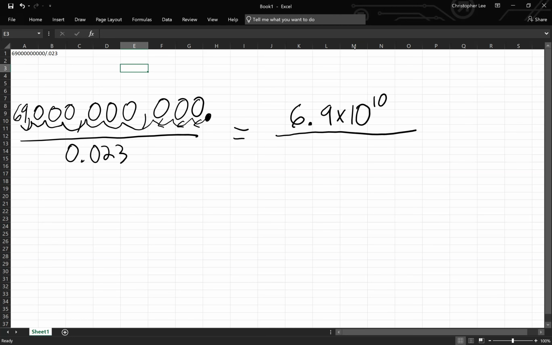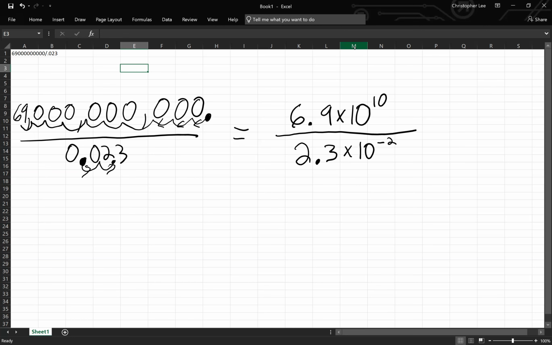Same thing: I need that first number to be between 1 and 9. I have a decimal point right here, and I'm going to move that over 2 spaces. So this is going to become 2.3 times 10 to the, how many times I moved it, 1, 2, so 10 to the negative 2 power.